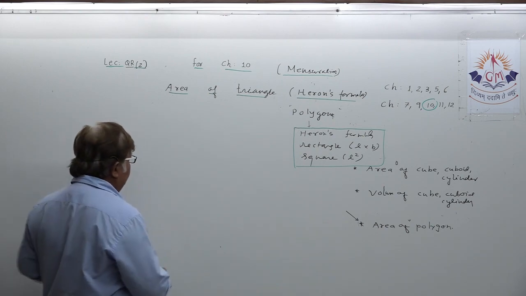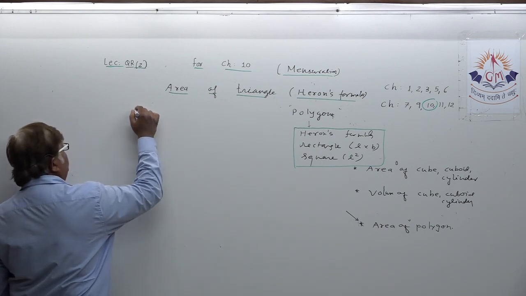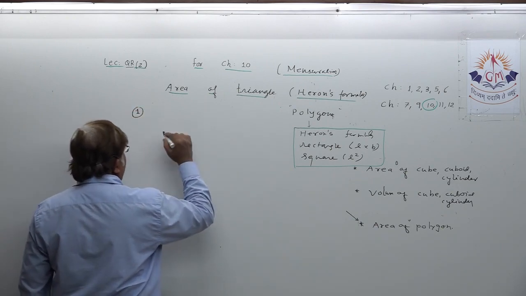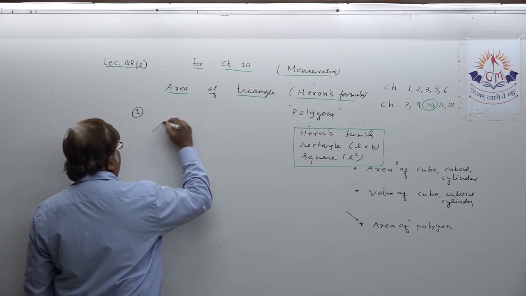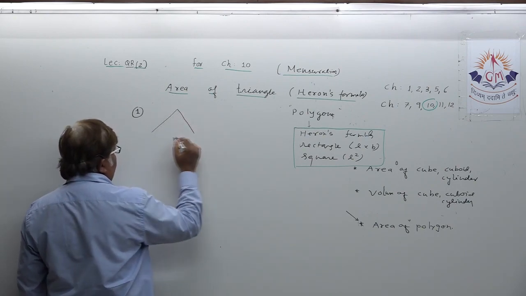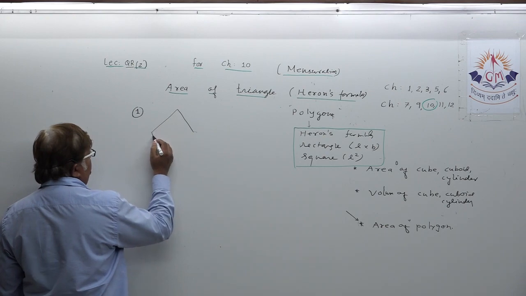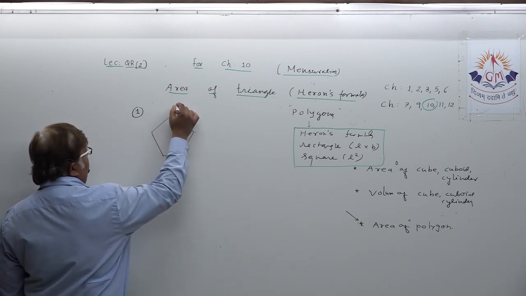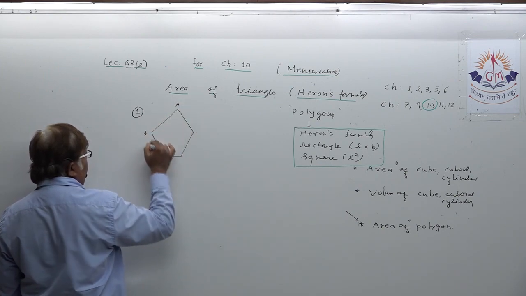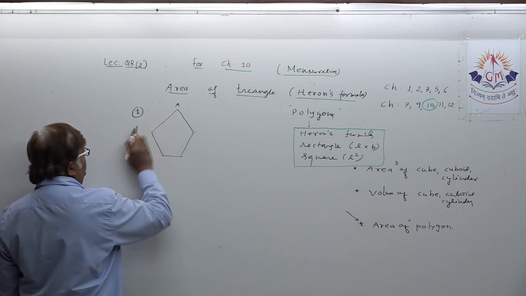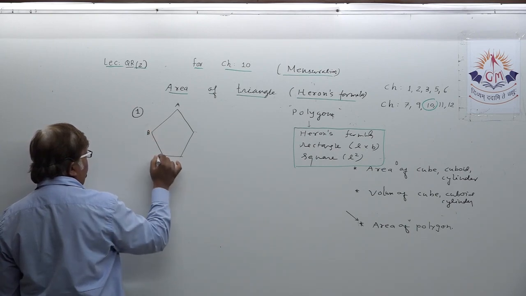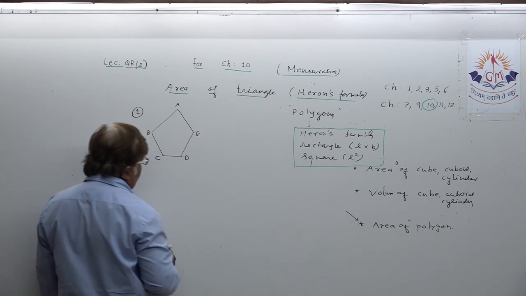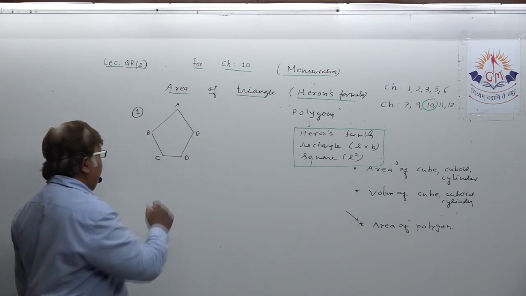Suppose, take an example, dear student. I draw one polygon here. Just try to understand the polygon I am mentioning. Suppose a pentagon has been given to you, just as a hint of what you have already done, and you have to find the area of this pentagon.